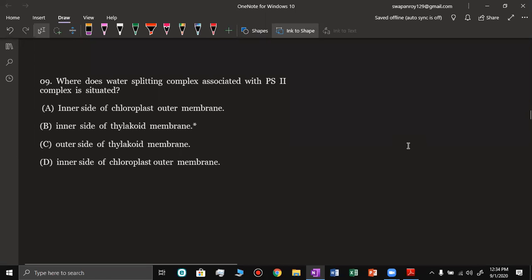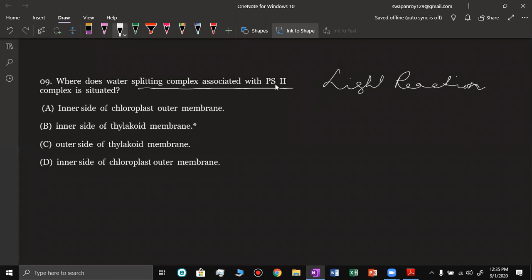Can you read it? This is a question from the light reaction of photosynthesis. Where is the water splitting complex, which is associated with the PS2 complex, situated?